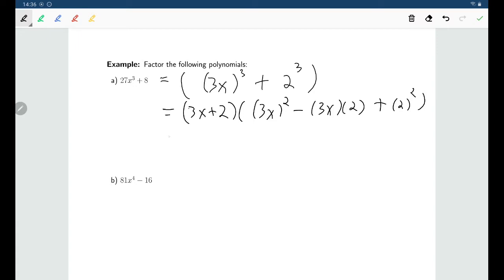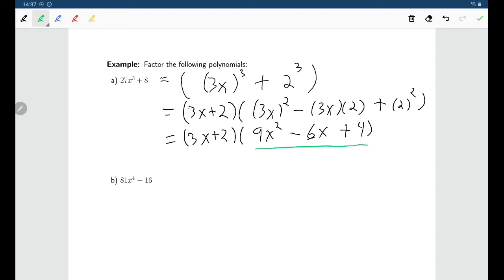Then simplifying what's inside that bracket: 3x squared is 9x squared, 3x times 2 is 6x, and 2 squared is 4. Looking at 9x squared minus 6x plus 4, there are no common factors that I can take out of that, and you'll be able to confirm towards the end of this video that this polynomial does not factor any further.